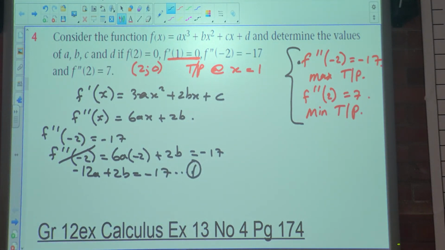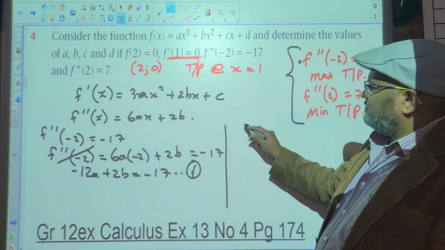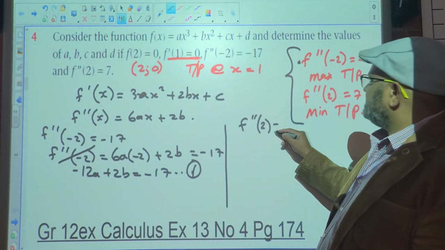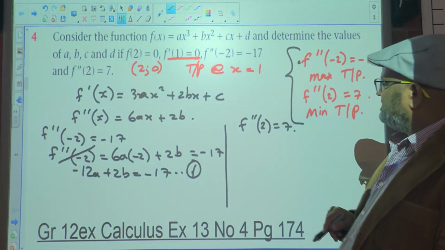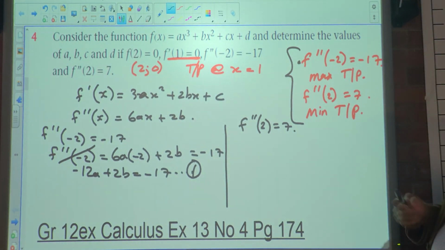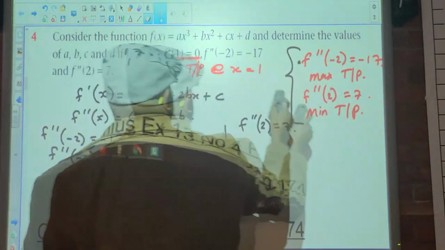Okay. Let's look at the other bit of information. We are given that f double dash of 2 is equal to 7. So this is actually not the maximum. I'll show you when I'm done here why not.